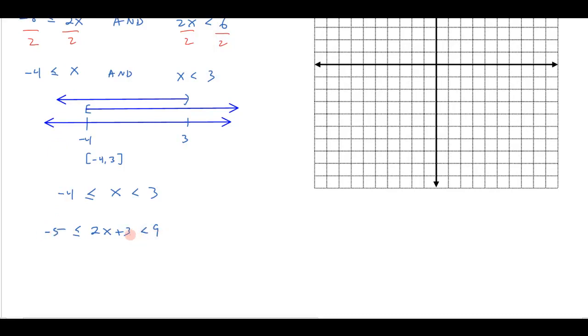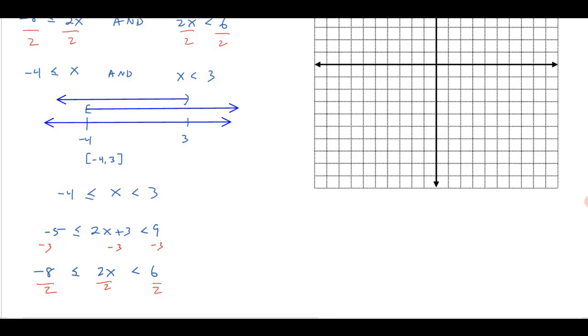Okay, you notice if you compare with what we did above, I could solve this also by just trying to get the x all by himself in the middle right here, right? I'm sort of aiming, I know this is going to be my answer. So if I were to subtract 3 from all three parts, that would give me negative 8 less than or equal to 2x less than 6, and then just divide all three parts by 2.